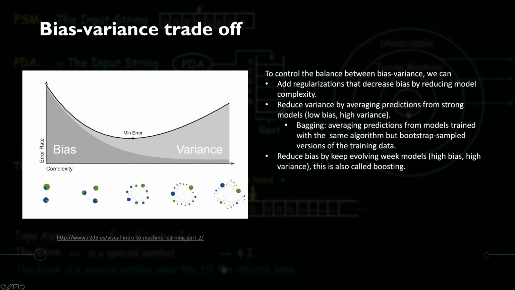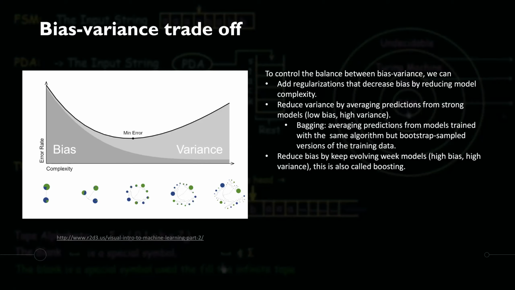Okay, so as I mentioned, one way we can do this is to add regularization, for instance L1, L2 regularization for linear regression, or max depth and number of leaf nodes for decision trees.